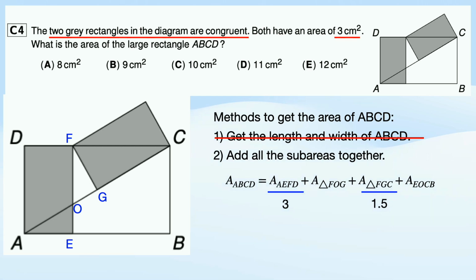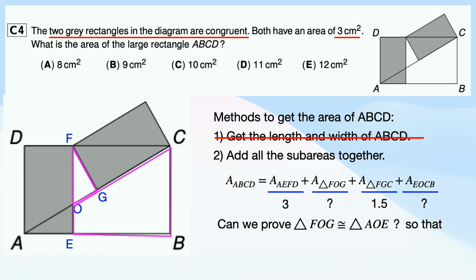However, the areas of FOG and trapezoid EOCB are unknown. Now, if we look at the diagram, if we can prove that the triangle FOG is congruent to the triangle AOE, then the combined unknown area would just equal the area of triangle ABC.